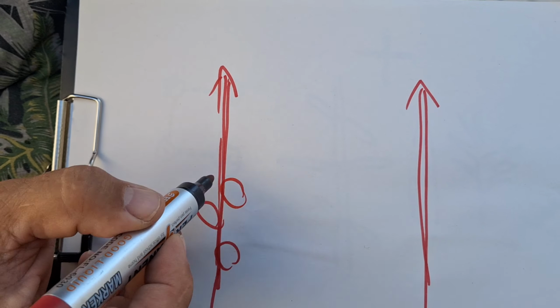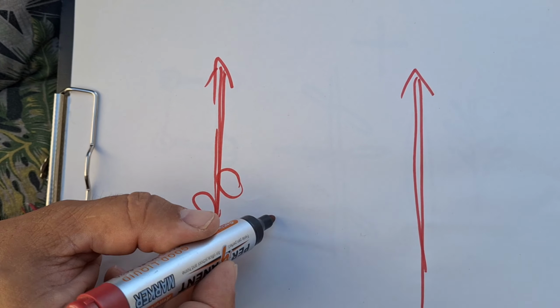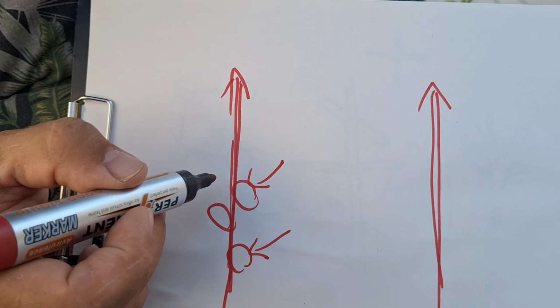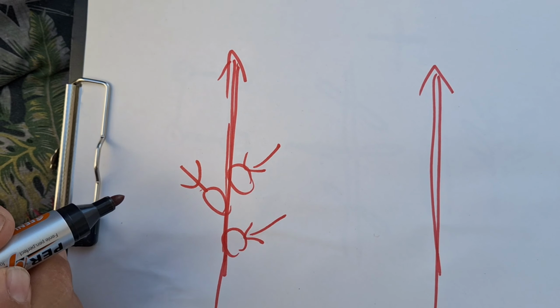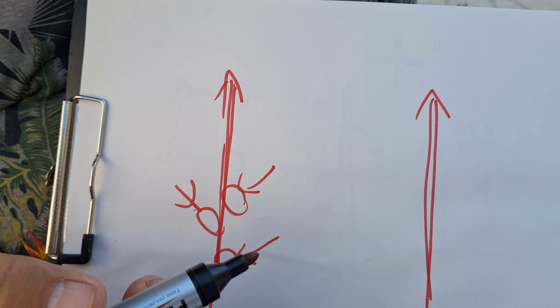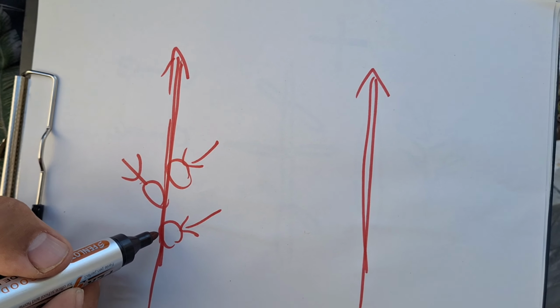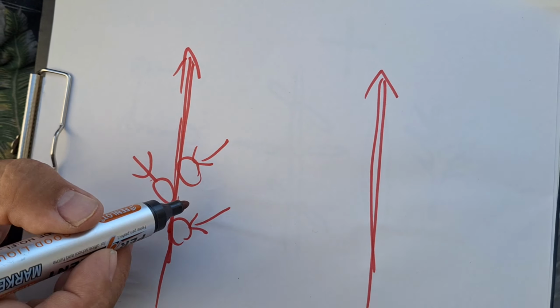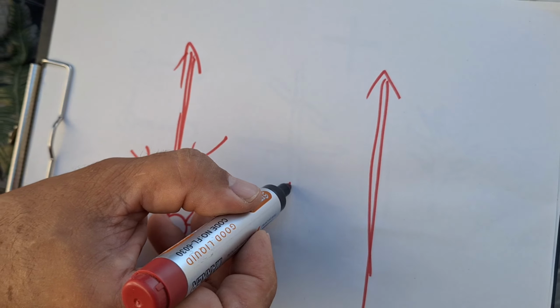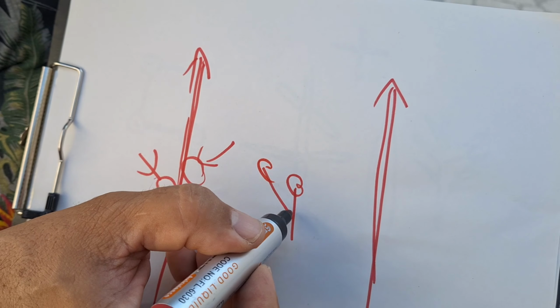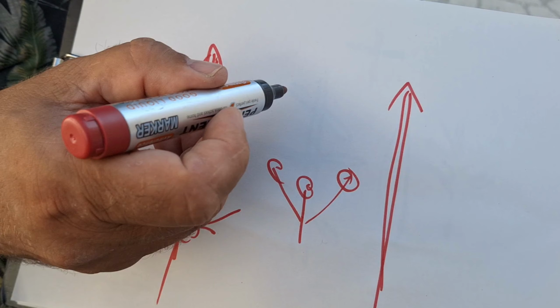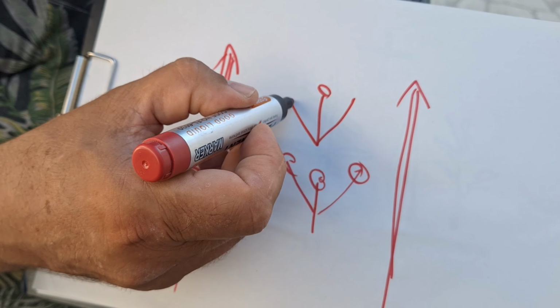Every part is sessile, without a pedicel, on the main stem, and the structure of this inflorescence is sometimes of two types.